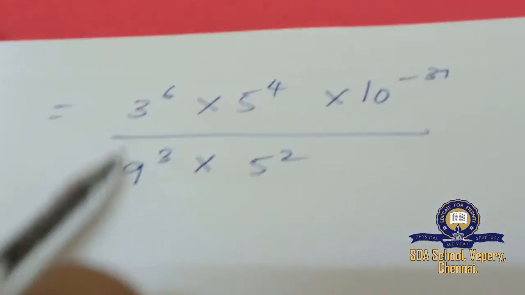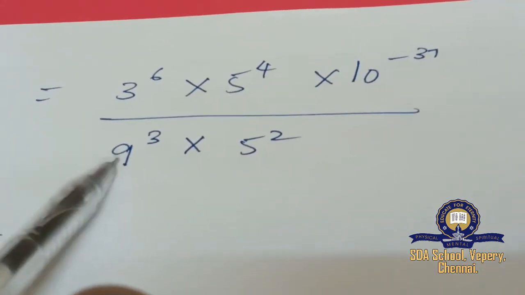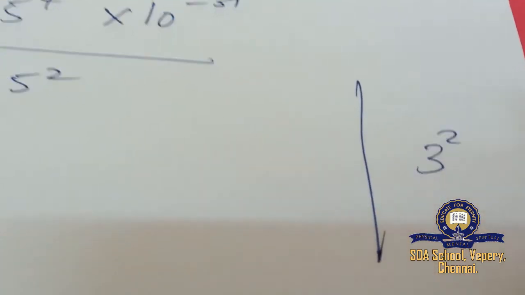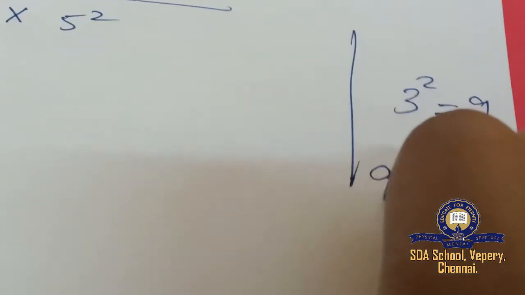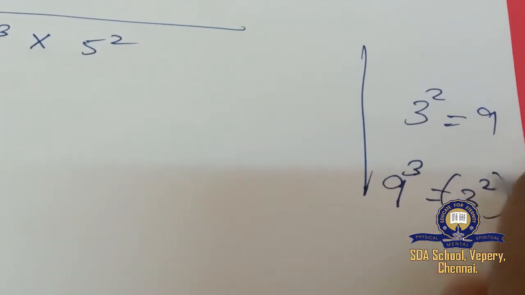Now this is what I have left. Let me write this also in terms of 3. How can I write 9 in terms of 3? 9 can be written as 3 square, right? I have a 9 cube over here, so here also I can put 3.